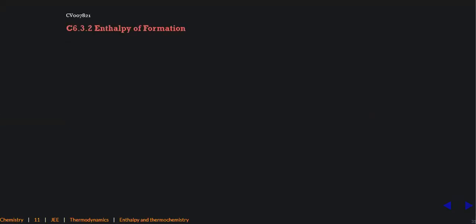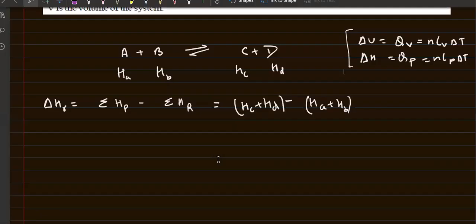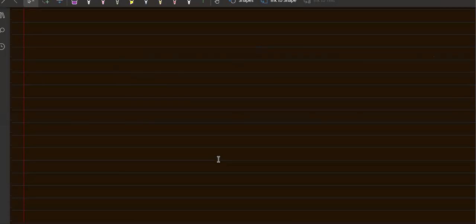Okay, so next we have a new concept. I guess all of you have studied what enthalpy is, right? What we will be doing now is different types of enthalpies. Now, just think about this.